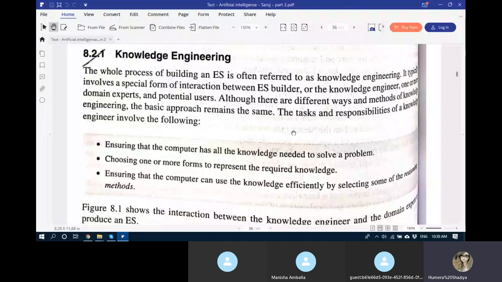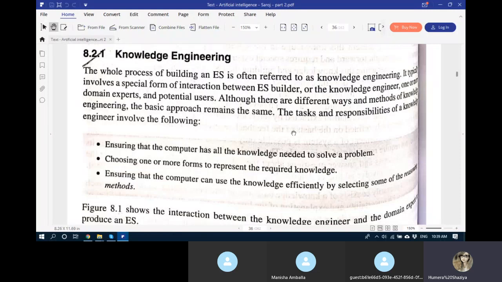And therefore, in the process of knowledge collection, sometimes you need to go through all the facts and figures that are given, and if something is missing, you have to take care of that. And if something is out of scope, then you need to take necessary action about that. All these tasks are referred to as knowledge engineering.